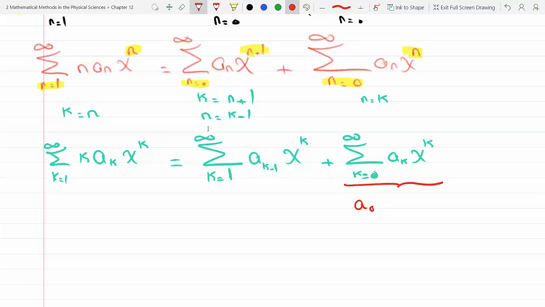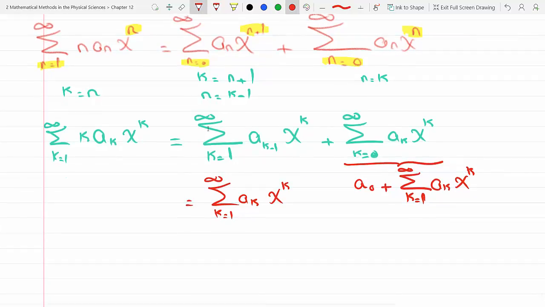So I replace k with 0, plus the remaining terms, which is now a summation starting at k equals 1 to infinity of a_k x to the k. And this one stays the same, and this one is the same.